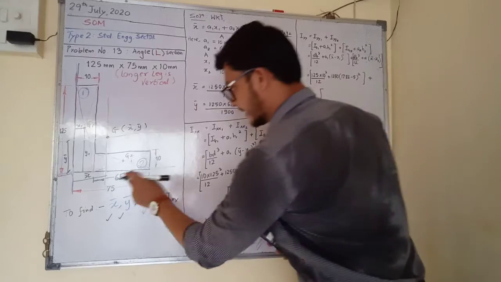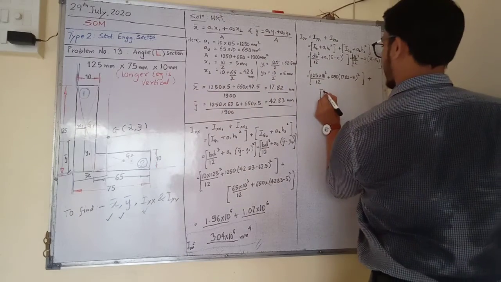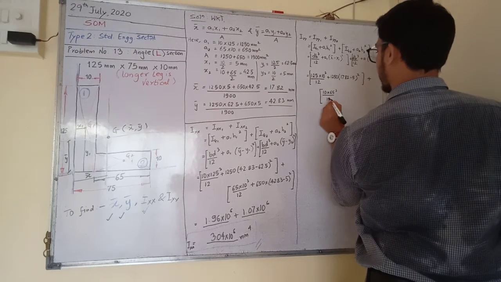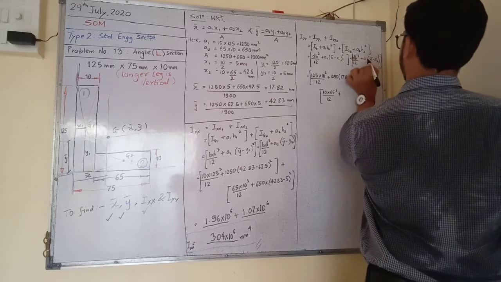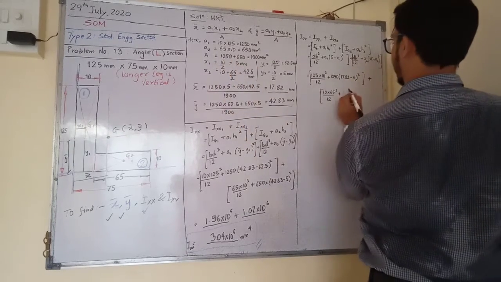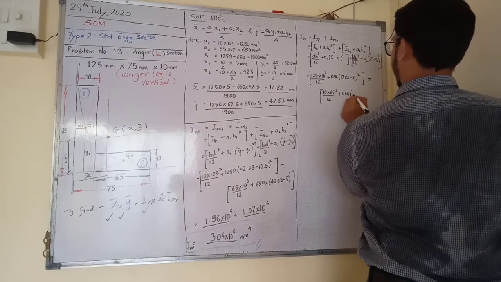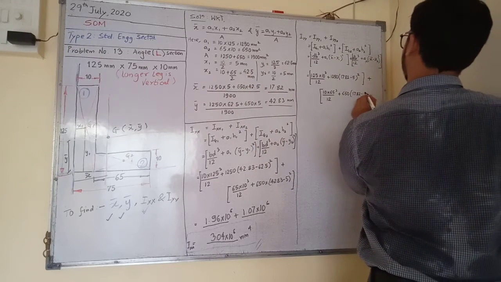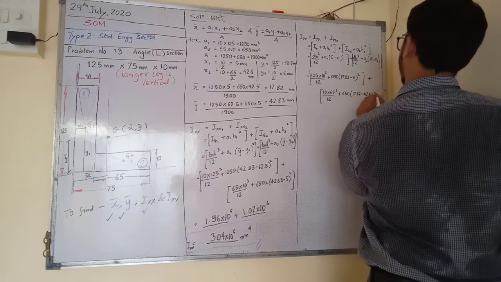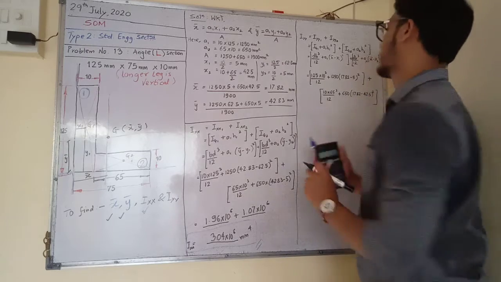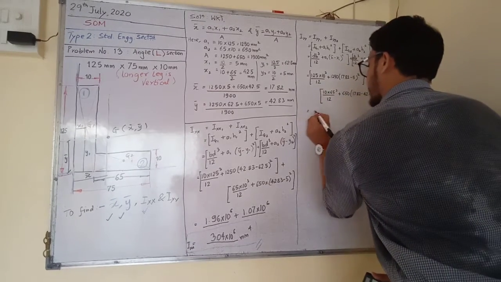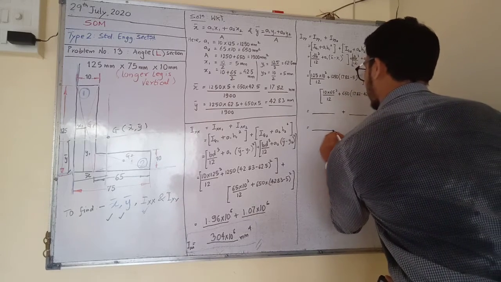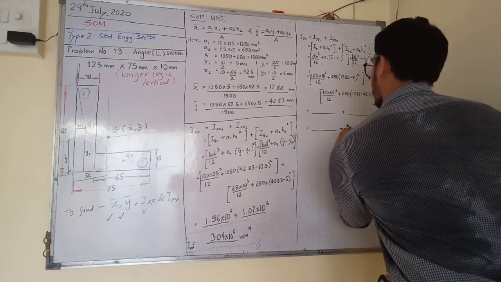D and B of second: D is 10, B is 65. 10 into 65 cube divided by 12 plus A2, which is 650, into x bar 17.82 minus x2, 42.5, whole square, bracket close. So both the brackets are ready. Now next step will be calculation. First value plus second value, then final value of Iyy in millimeter raised to 4.